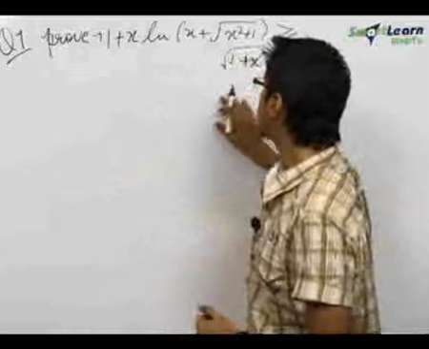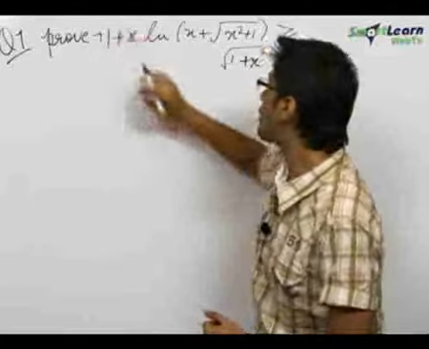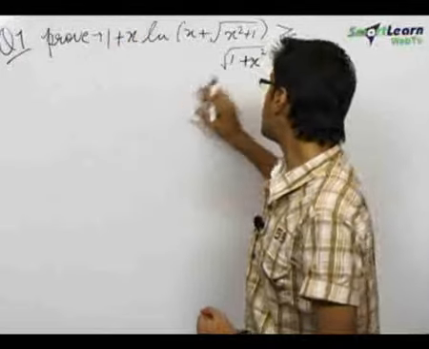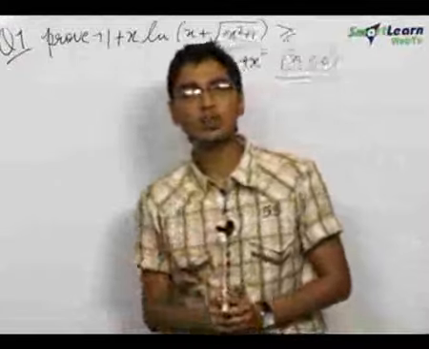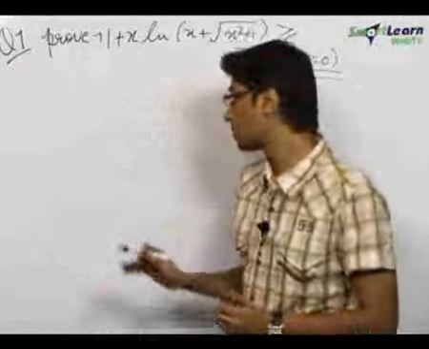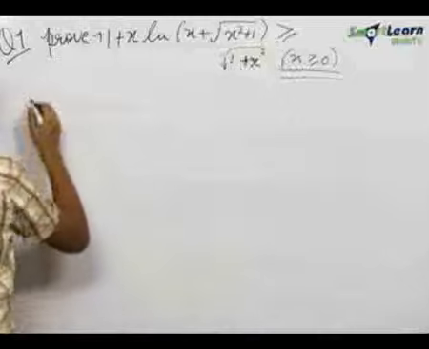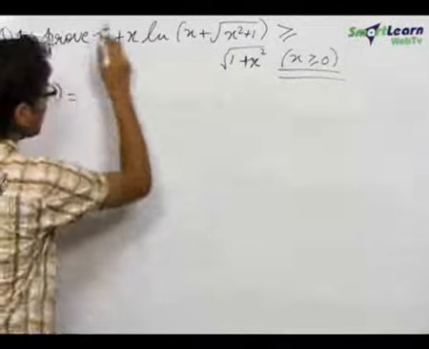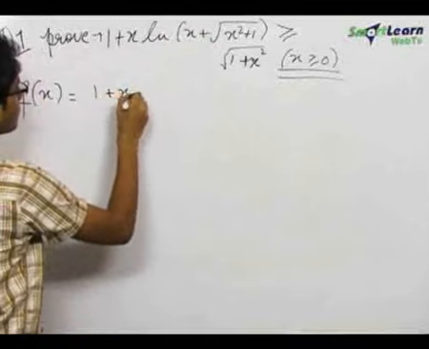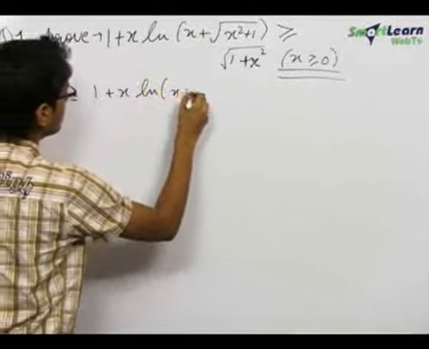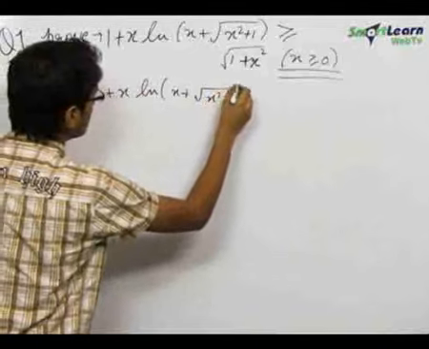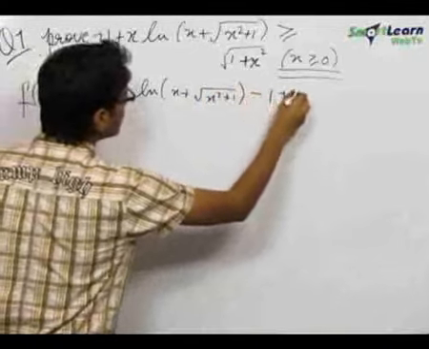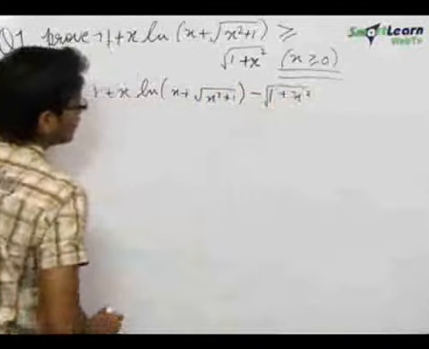We can identify these problems as a function of x, and we need to prove them greater than or equal to, or less than or equal to, some other function of x. So what we do is, we consider a function f of x equal to the left side function minus the right side function.